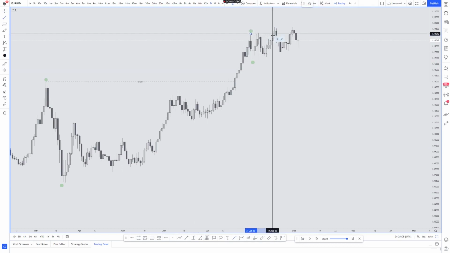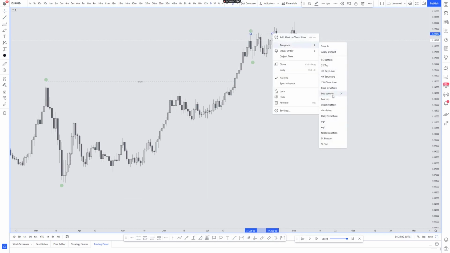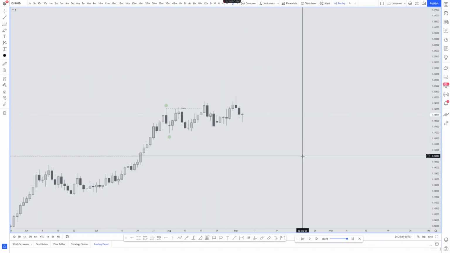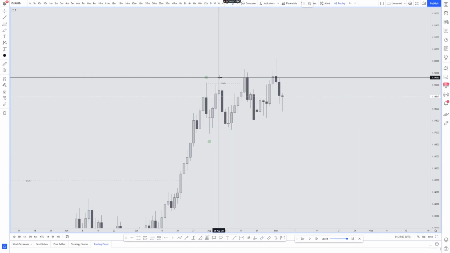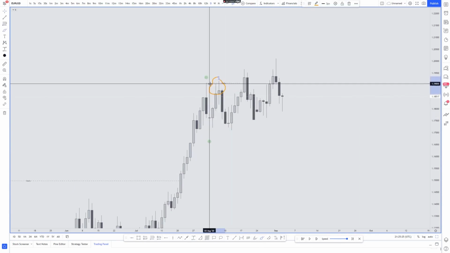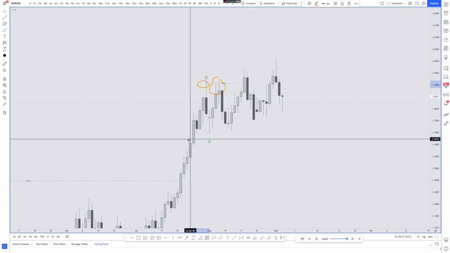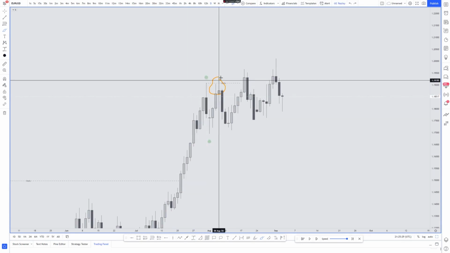And once again, we have to be very aware of how these highs are made. We don't want to just take the high with a wick, but the high has to be taken with a body. Meaning that this first area where the wick comes through this high, that is not new market structure.